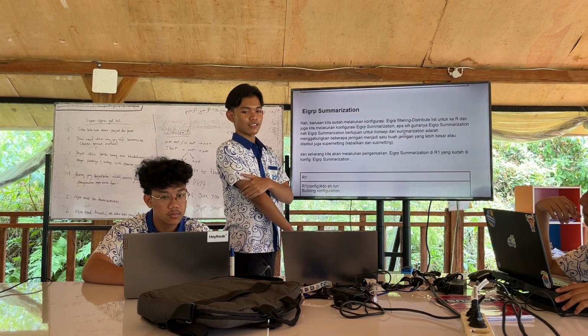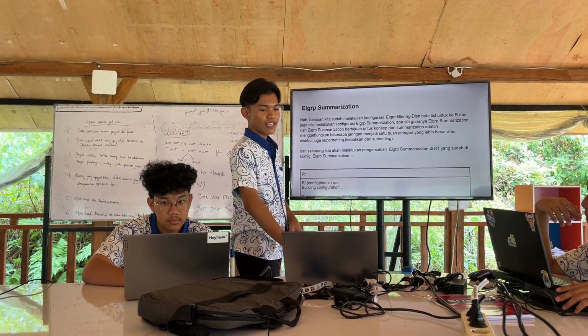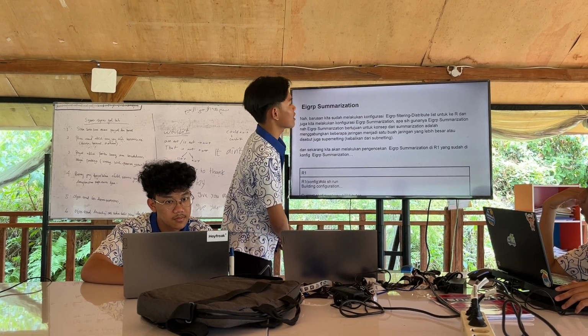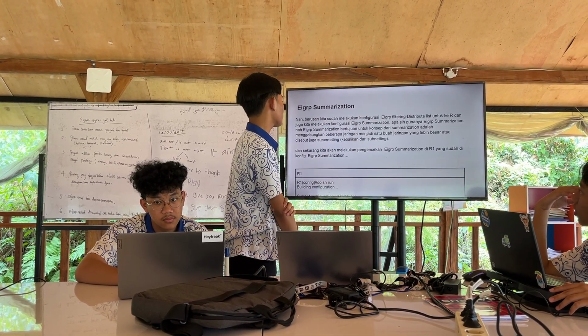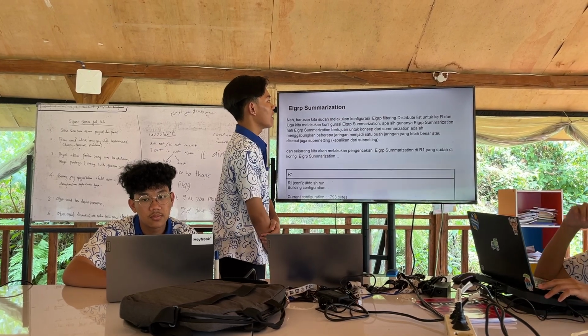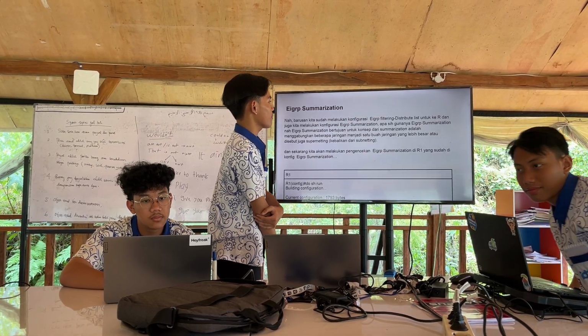Okay, the second configuration is about AGRP summarization. We did the AGRP filtering distribute list on the first router, and then we did the configuration for AGRP summarization. What is the function of AGRP summarization?